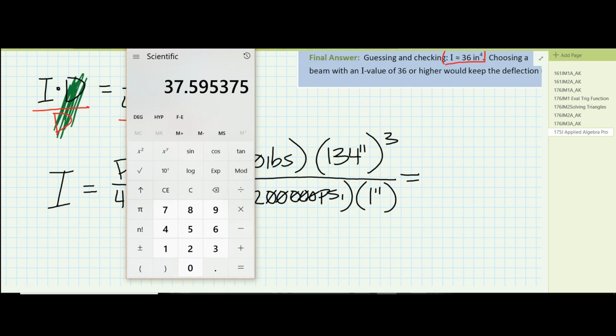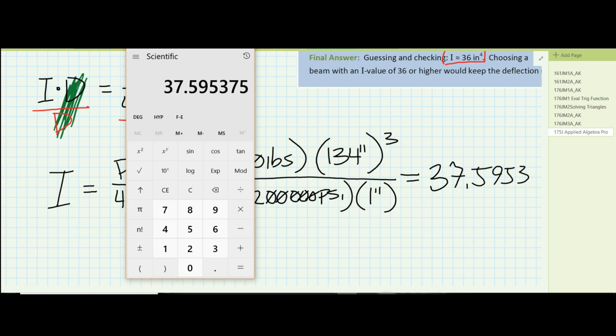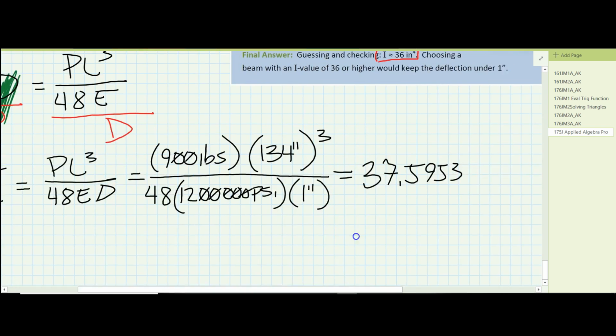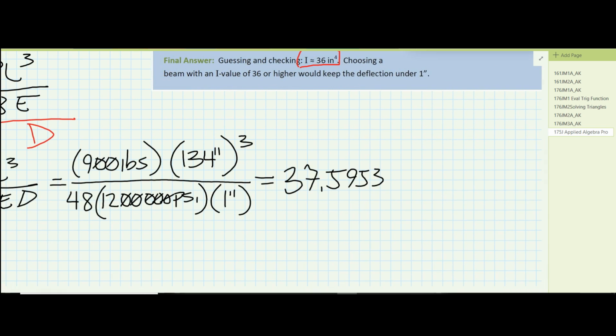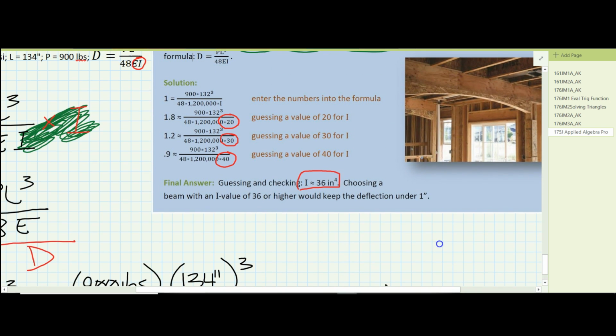So let me move this over here so that I can write this 37.595375. And let me see if we were supposed to round anything.